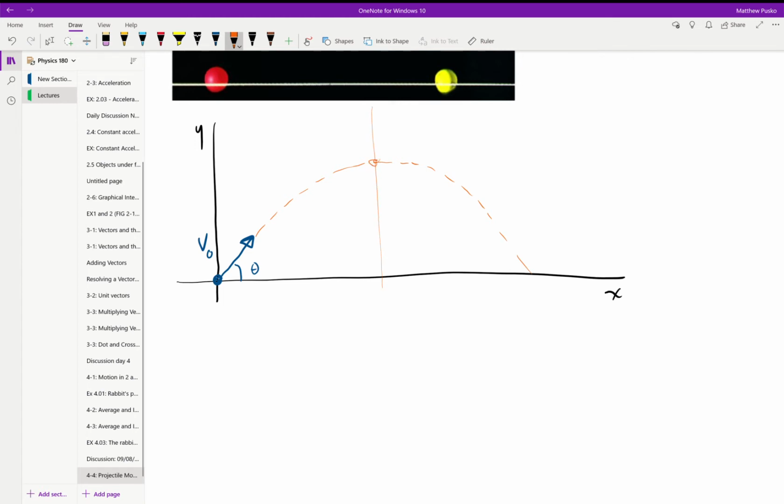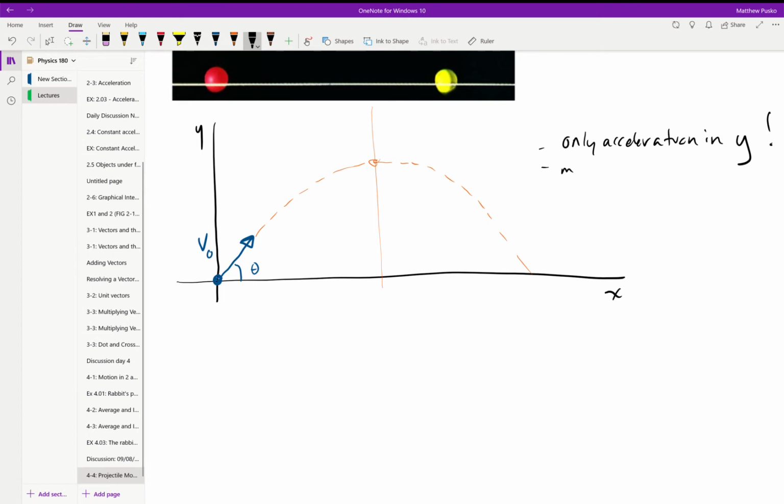Alright, what we need to observe in projectile motion is that there's only acceleration in the y direction, in the j. So, if there's only acceleration in the y, that means there's no acceleration in the x direction.